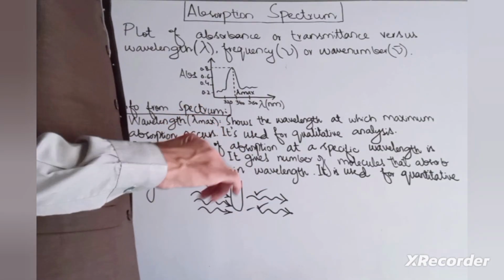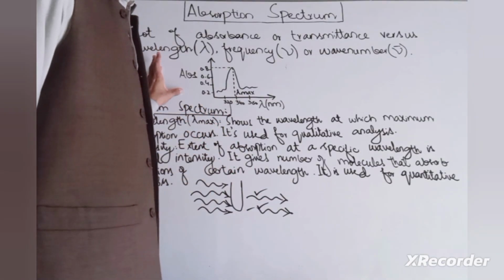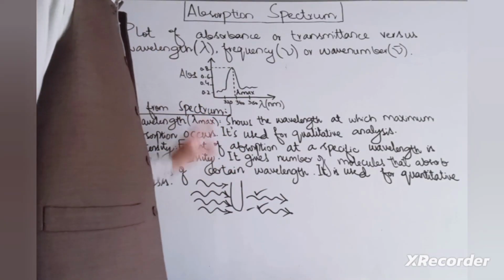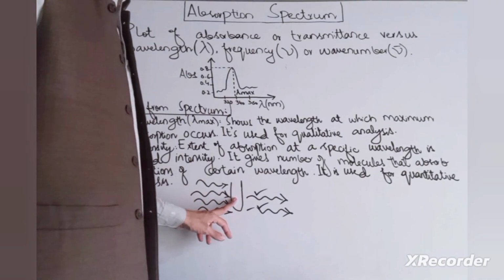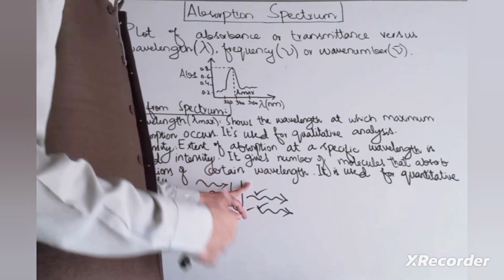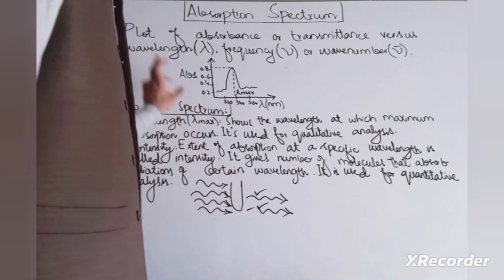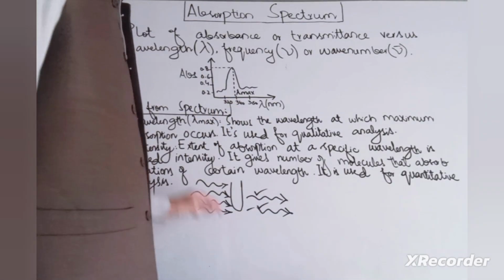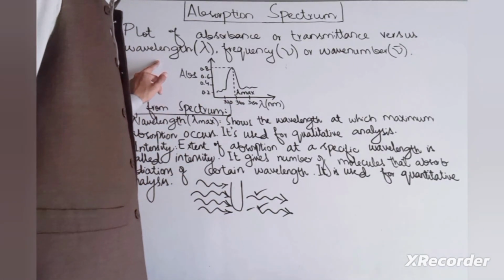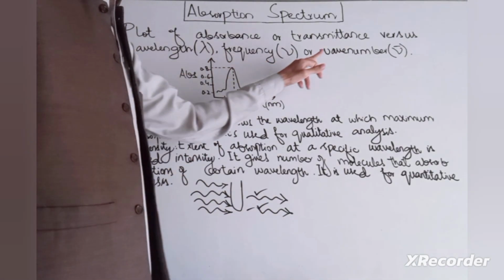So in the absorption spectrum, the one variable is the absorbance or transmittance, and the second variable is the wavelength or the frequency or the wave number.